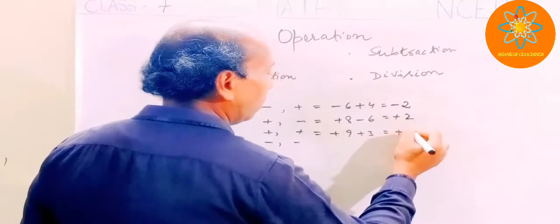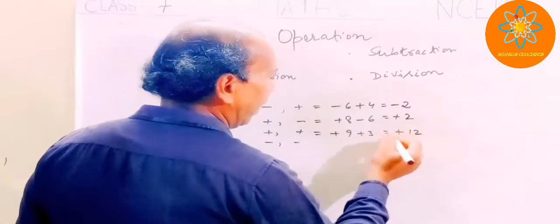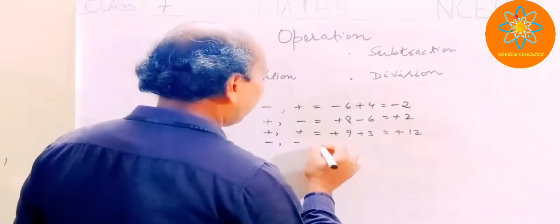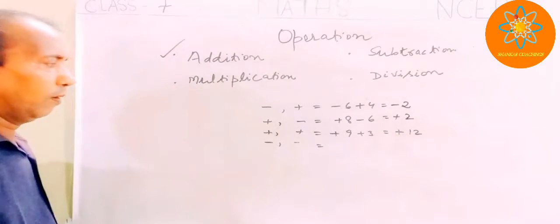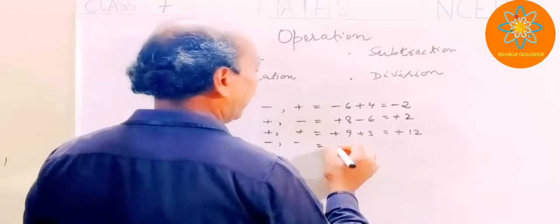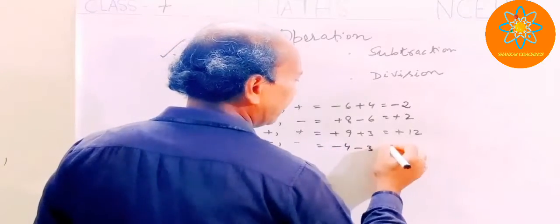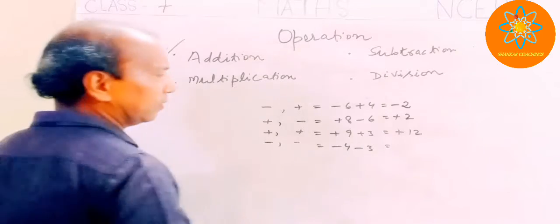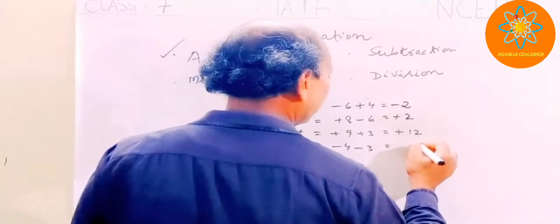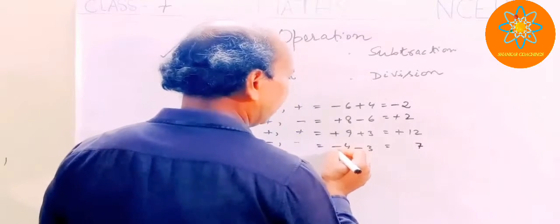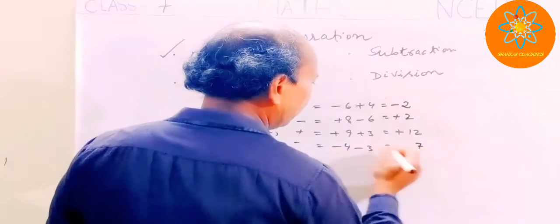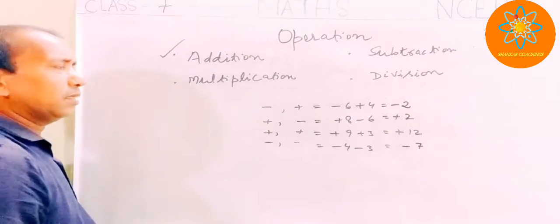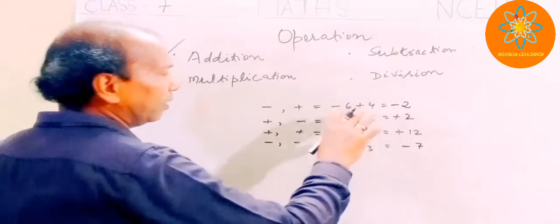It is 12 and the sign will be plus. So suppose we want the value of minus 4 and minus 3. In this case also, we add. This is 4 plus 3, that is 7, and the negative sign is there, so it must be minus 7.